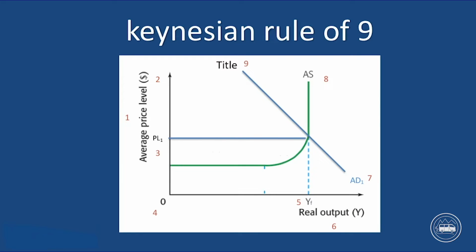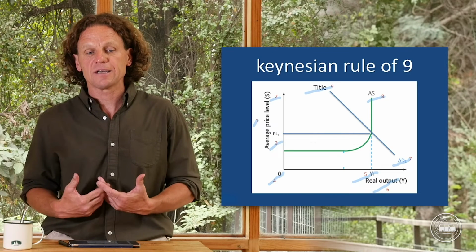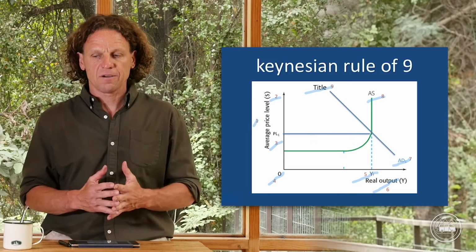But what you'll see is that we have, count them up, my friends, 1, that is average price level, right? 2 is the currency, 3 is PL1, 4 is the origin, 5 is Y1, 6 is real output or real GDP, 7 is AD1, 8 is AS1, and the title is 9. And there you have it, the Keynesian aggregate demand, aggregate supply base diagram.